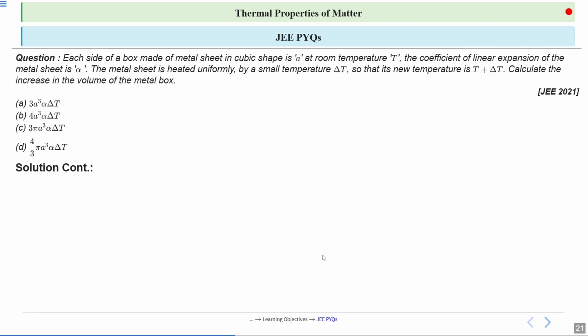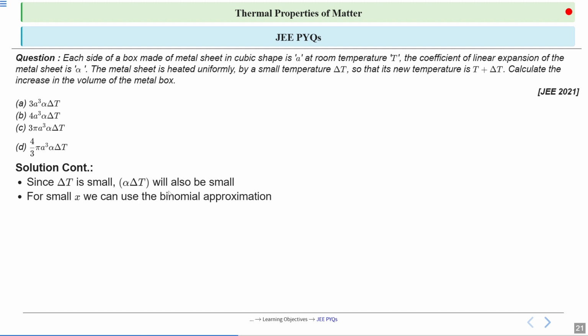Now, since delta T is small, alpha into delta T will also be small. And for small x, we can use the binomial expansion, because here we are saying that delta T is very small.